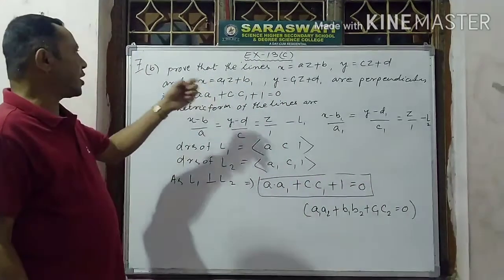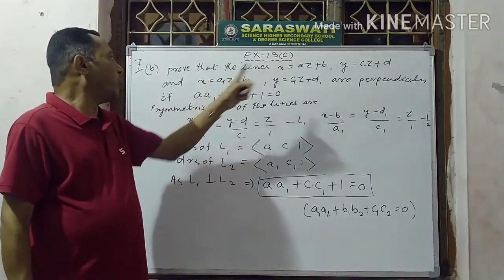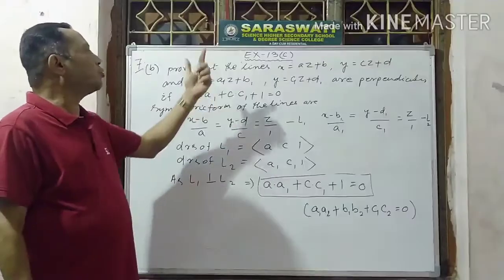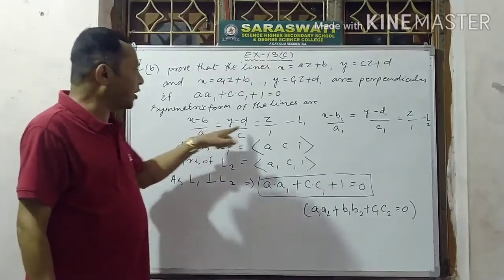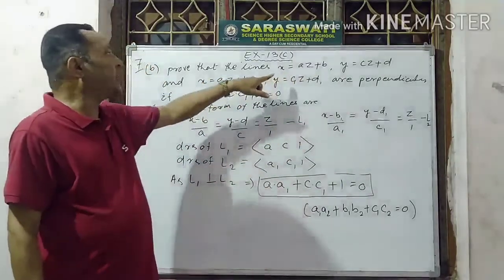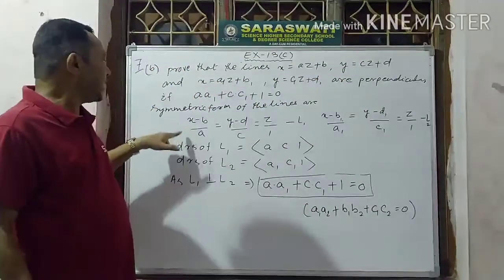So try to understand it. Two lines are there, L1 and L2, which are given in unsymmetric form. We should change the form of the equation to symmetric form, and in each case, a very simple case, we should find out z to change the form.